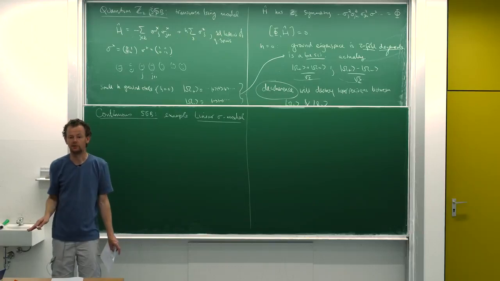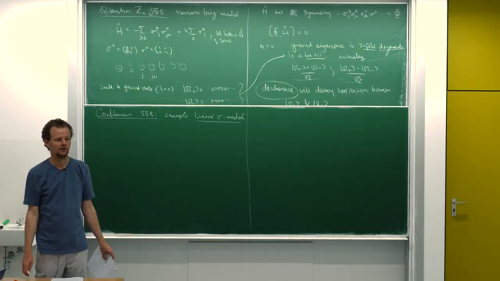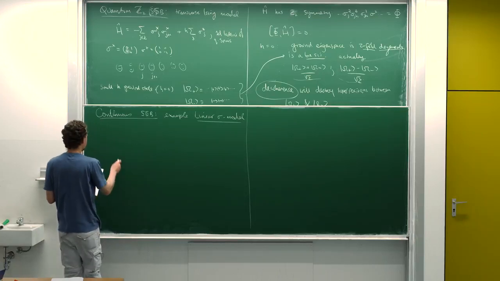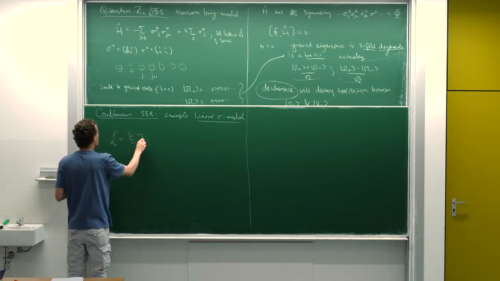I'm going to write down a field theory. It's a reasonable effective model of pions that exhibits spontaneous symmetry breaking of a continuous symmetry. So this is something known as the linear sigma model. I think we've met it either in the exercises or somewhere else before.